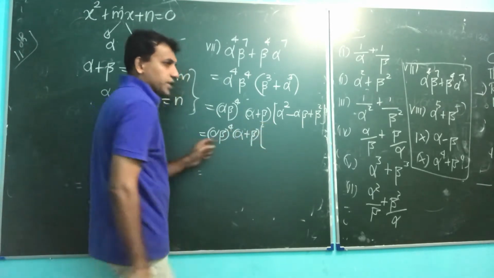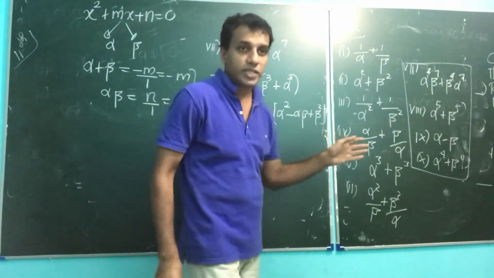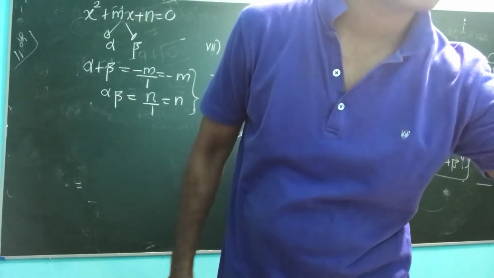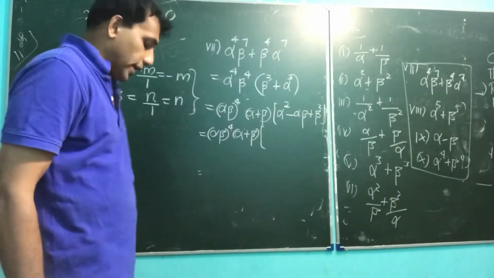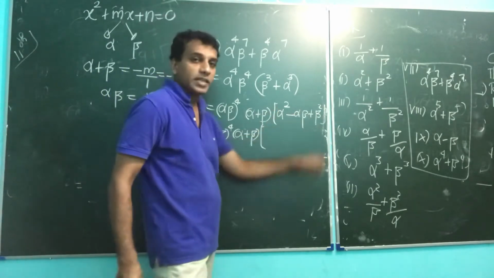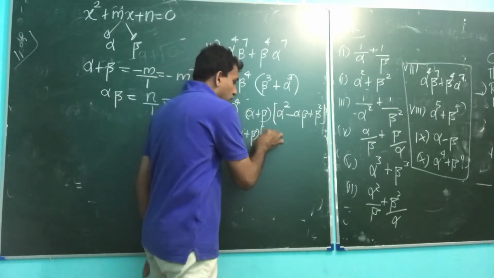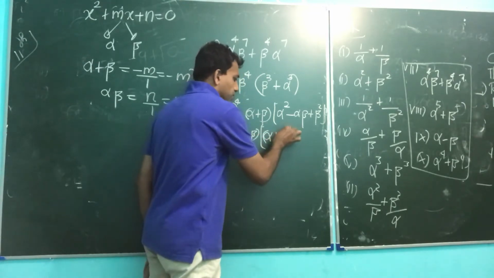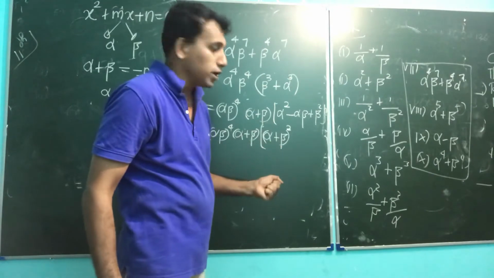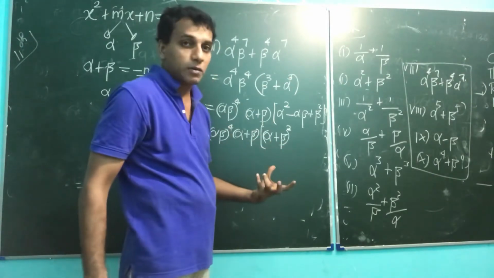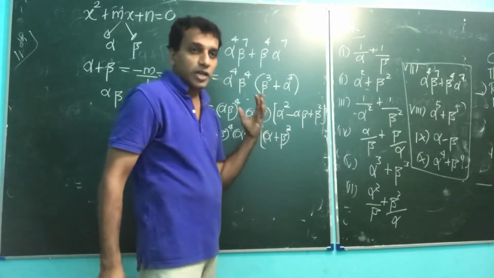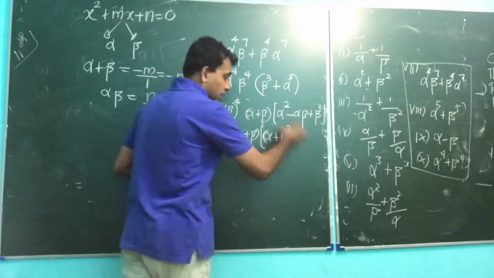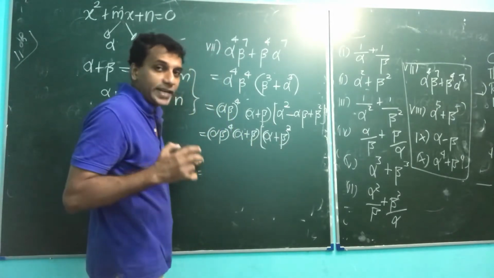How do we do this one? Take the first and the last: that is alpha plus beta, all things square, and alpha square is available, multiply both and double. Here there is no 2 alpha beta, so you have to subtract the 2 alpha beta, because 2 alpha beta is an additional term.